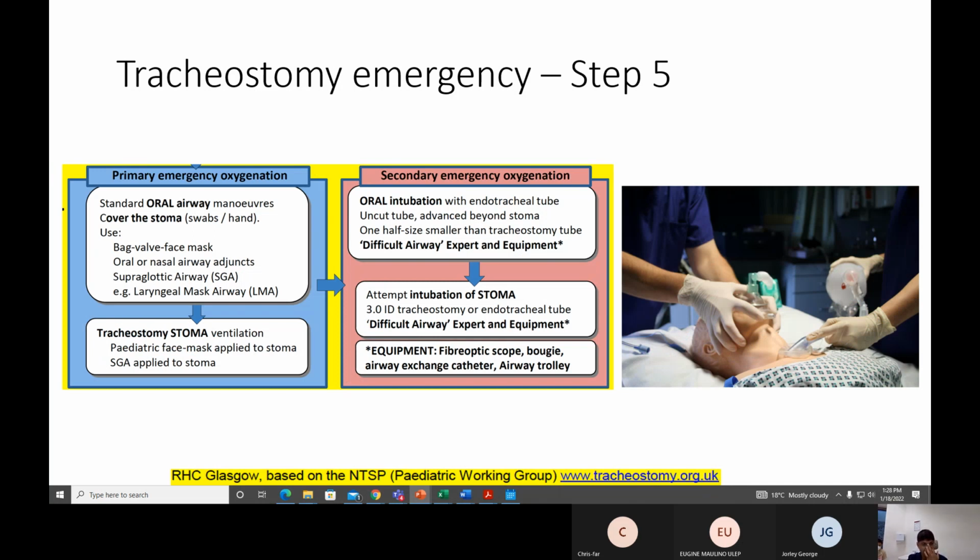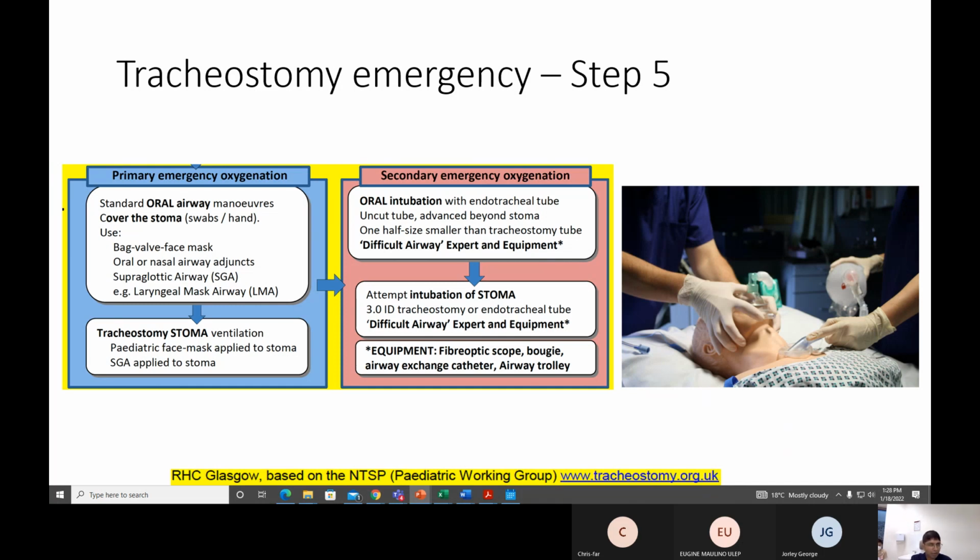So if you took the tracheostomy tube out and you tried to bag the patient, give oxygen, and nothing is working and the patient is deteriorating, then you have to think about how to improve the situation, which is how to oxygenate the patient.